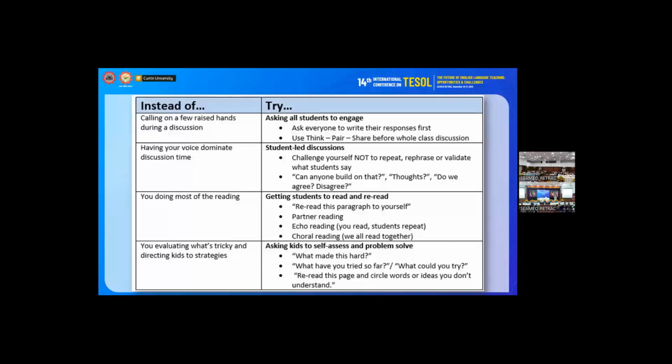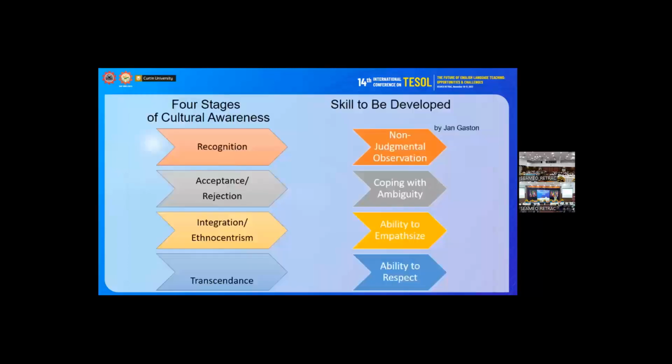And the first stage, I think I have a slide here. The first stage is recognition. That's when a student says, I am Vietnamese, or I am Australian, or I am from Great Britain, or I am an American.